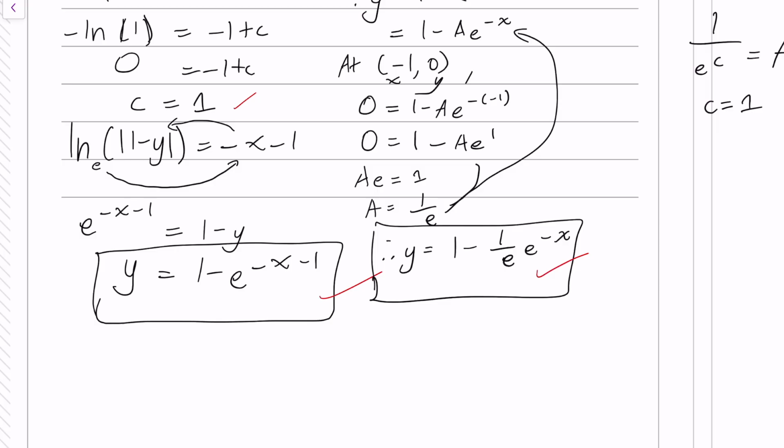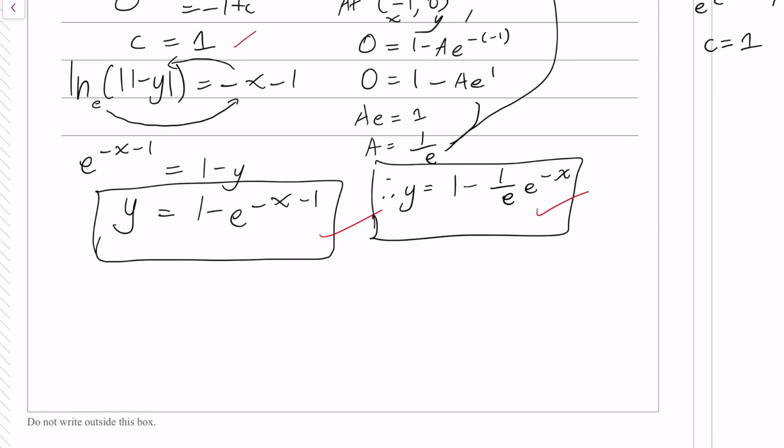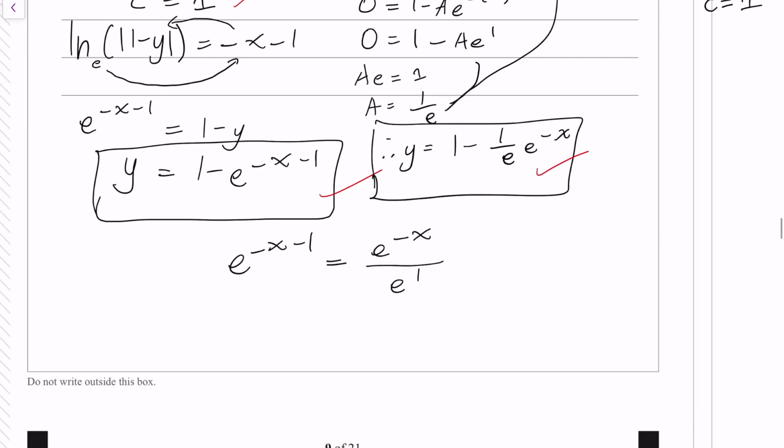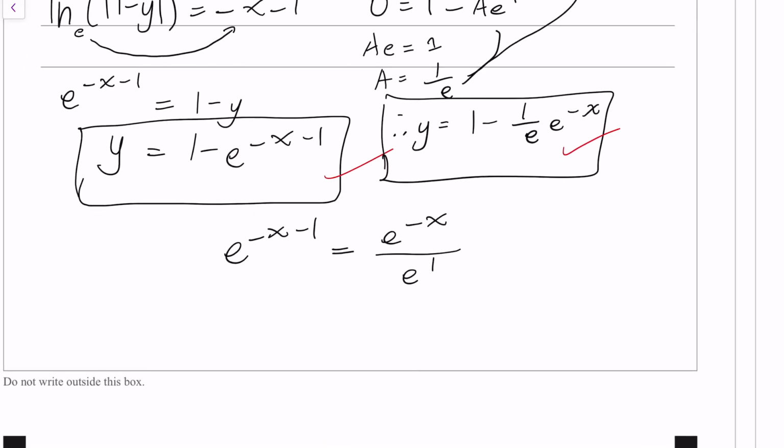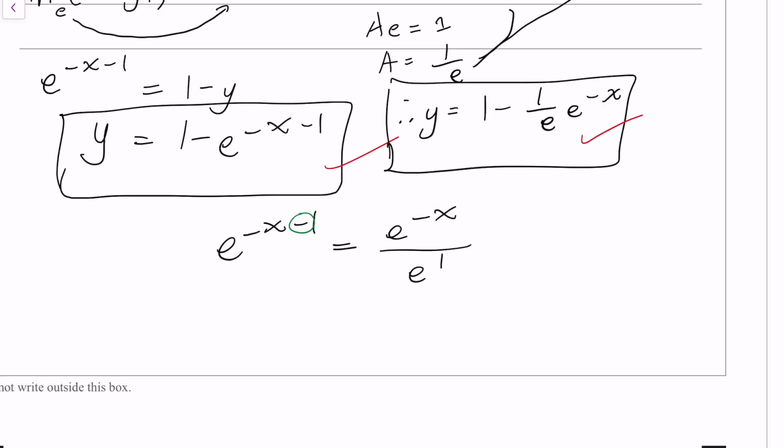Okay, and if you think about it, it's because we can separate the e to the minus x minus 1 into e to the minus x over e to the 1, because I'm using my index laws to know that this subtraction between those two different terms on the power are a result of my index laws for dividing two numbers which have the same base but different powers.